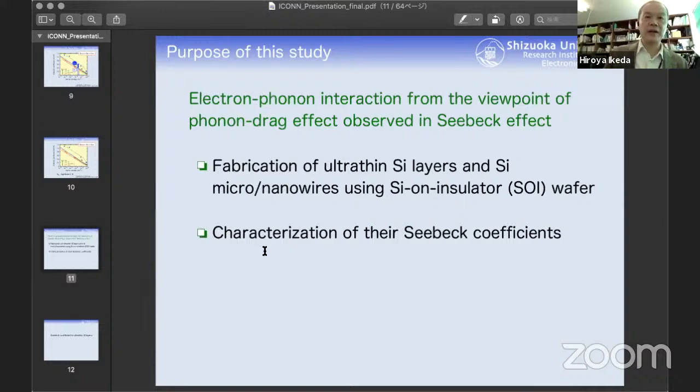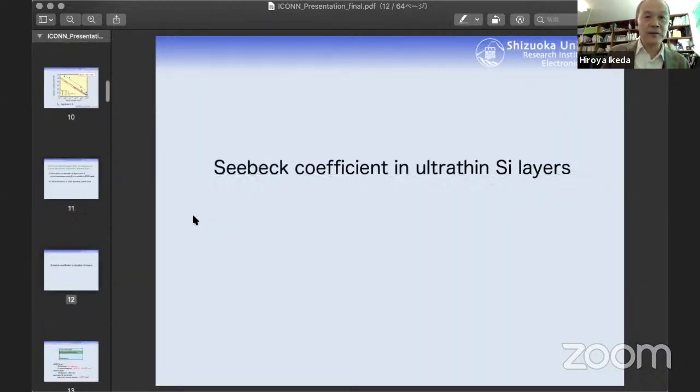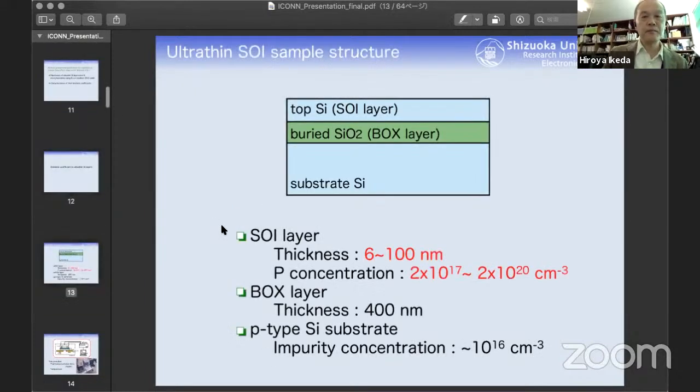After that, we characterize their Seebeck coefficient and discuss the dimension dependence. Firstly, I will talk about the Seebeck coefficient in ultra-thin silicon layers.